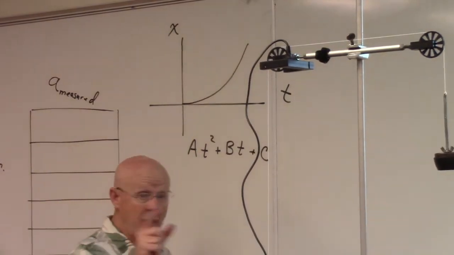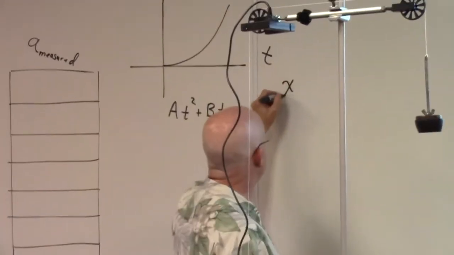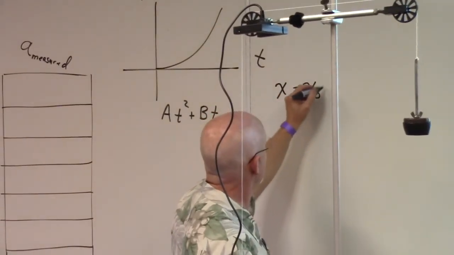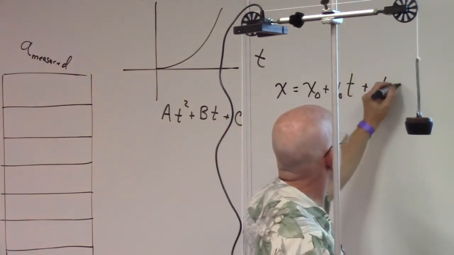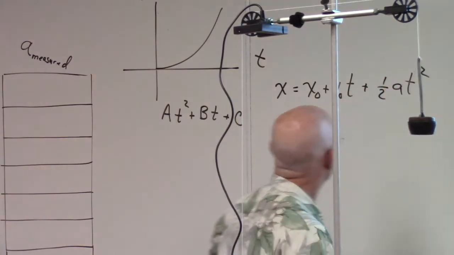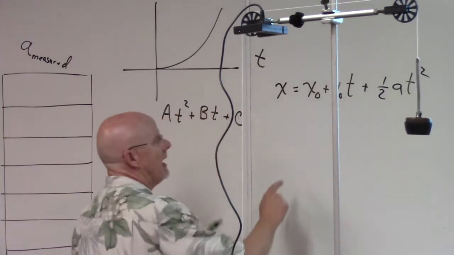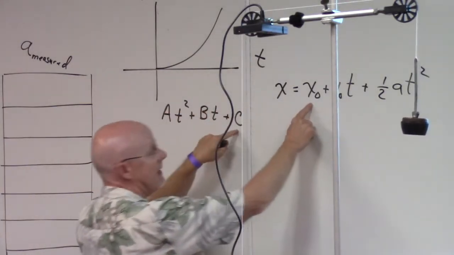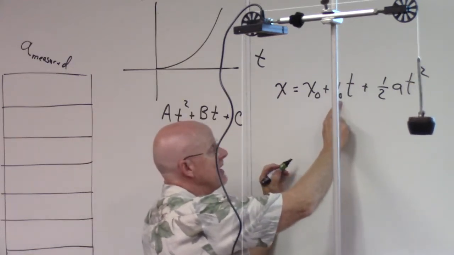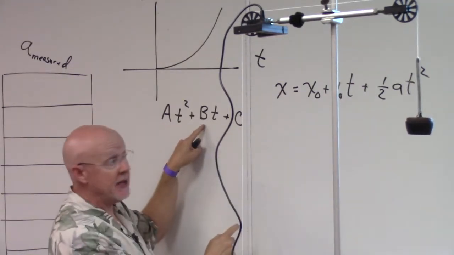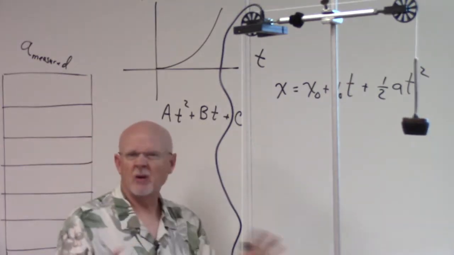And when we compared that to our kinematics equation, we could see how the initial position lined up with the constants. The initial velocity lines up with B, and we don't care about those.